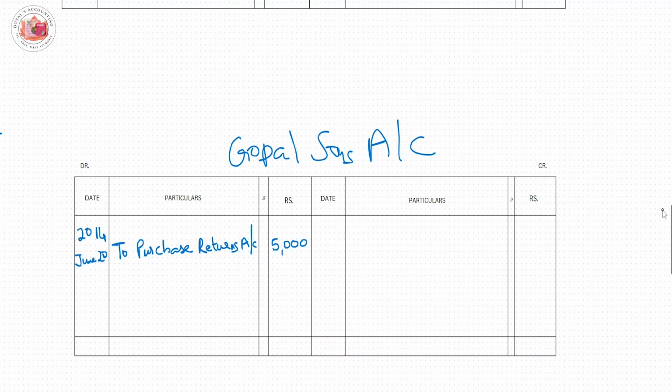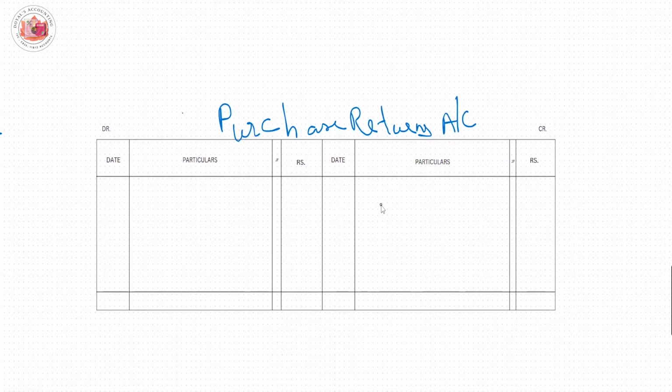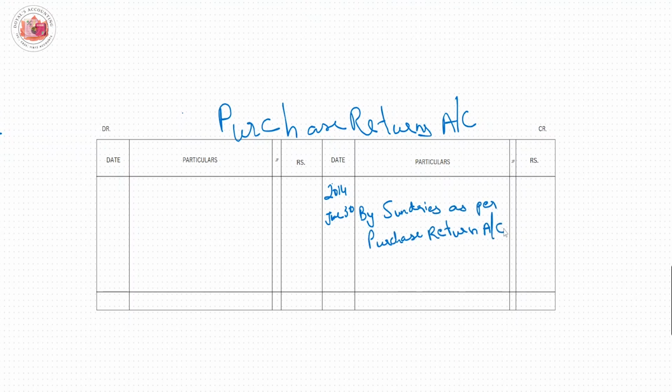And in my purchase returns account, at the month end, 2014 June 30, the total of all my purchase returns, I will write by sundries as per purchase returns account the total.